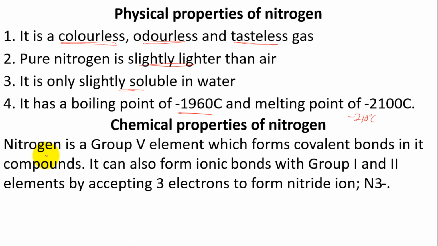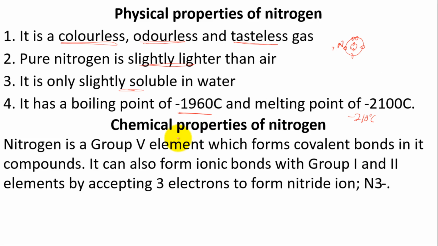Then nitrogen is a group 5 element which forms covalent bonds in its compounds. As we know, nitrogen has atomic number 7, therefore when you draw the electron shell, on the valence shell you are going to have how many electrons? 1, 2, 3, 4, 5.